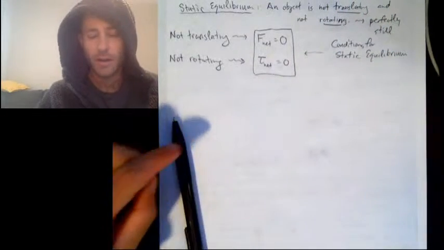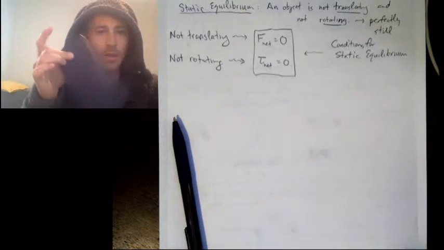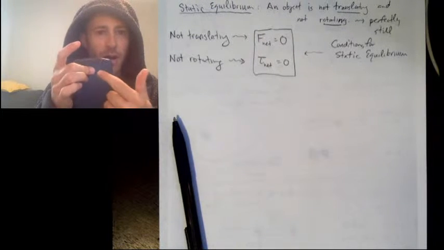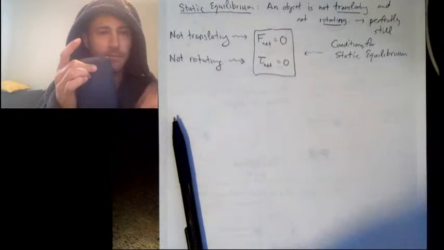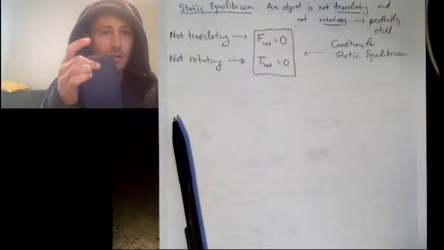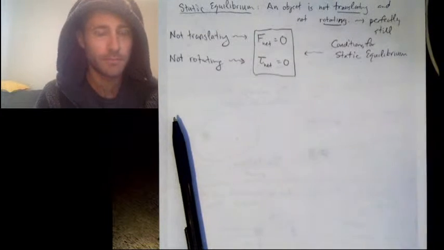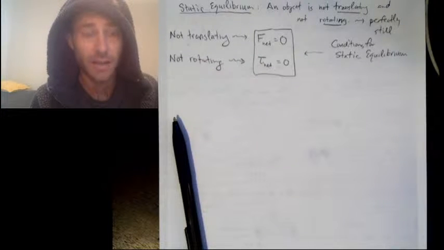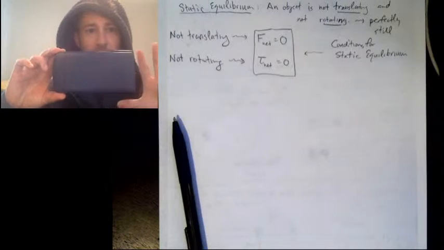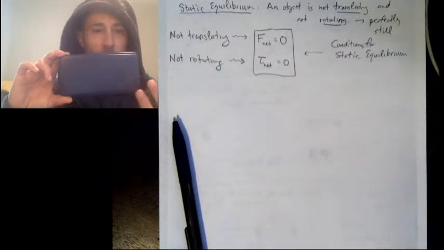One thing that's nice about static equilibrium, if we think about the pivot point: in general, the pivot point is the only spot on the object that is not moving when something is rotating. See that? The pivot point is the point that doesn't move when the thing is rotating. If something is in static equilibrium, then every spot is not moving because it's perfectly still. So that means that where the pivot point is doesn't matter.